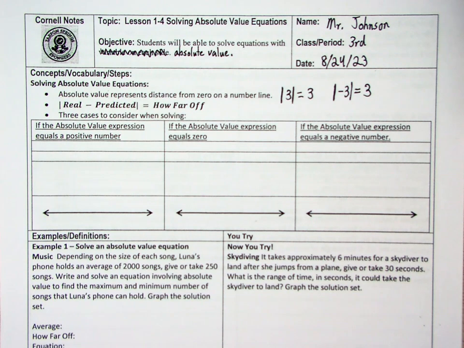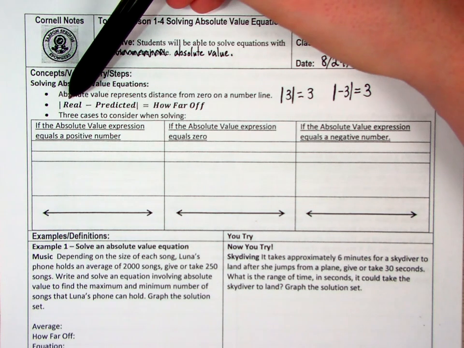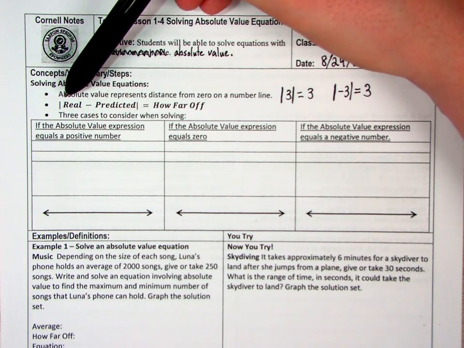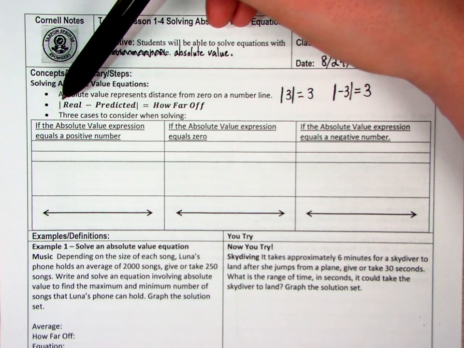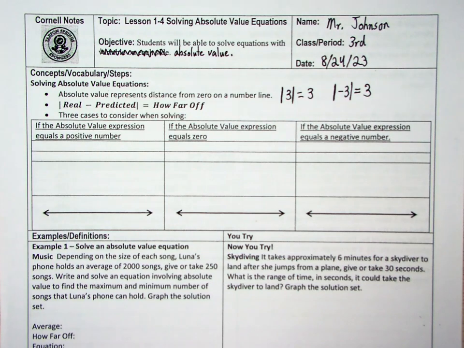Most of our problems in absolute value equations could be described as, in a real-life situation, measuring the difference between a real count and a predicted amount. We'll see some examples like that. You'll commonly see those sorts of things in polling.